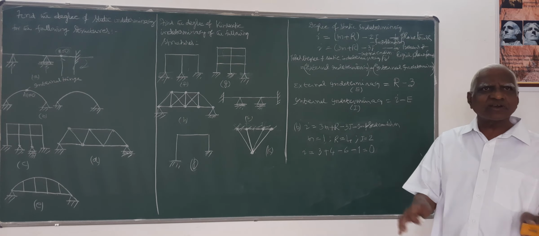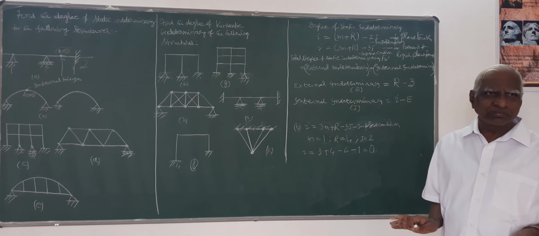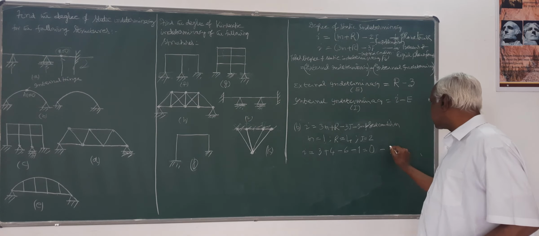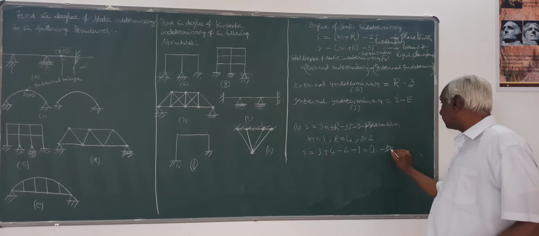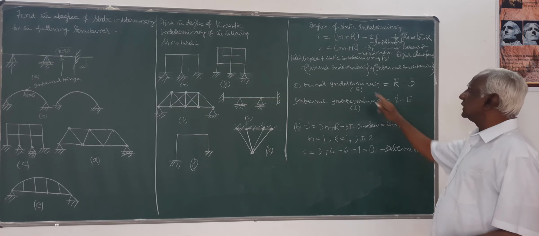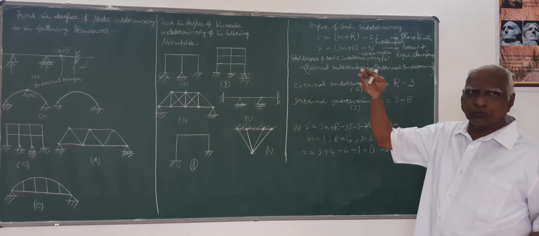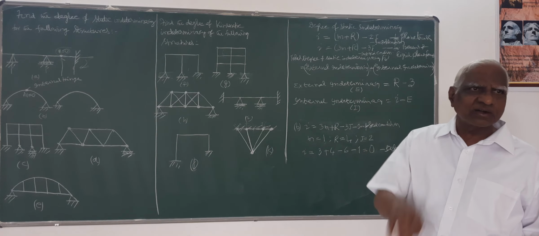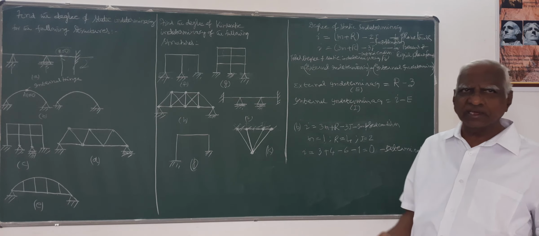If it is less than 0, it is unstable. So this structure is determinate, whereas the first one is indeterminate because I is greater than 0. You got I equal to 2, which is greater than 0, so it is indeterminate to the degree 2.